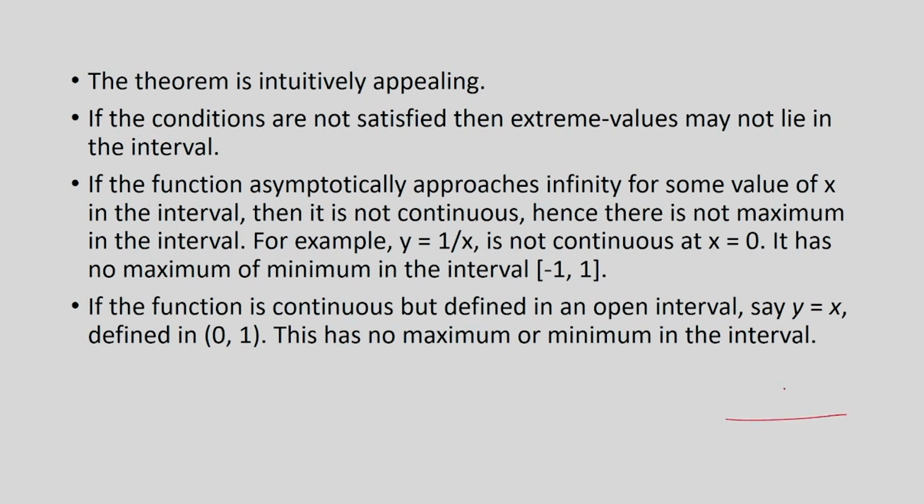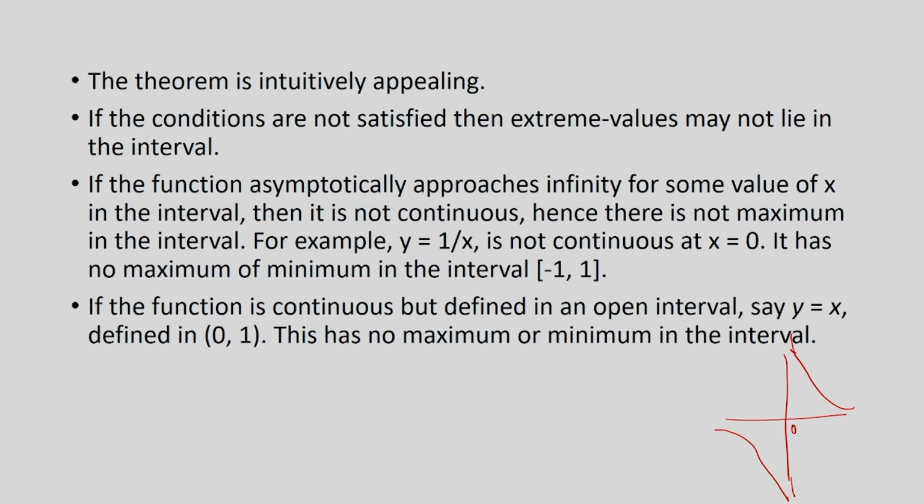So, this is how it looks like. So, the function will be something like this. So, it is discontinuous at 0, and therefore, I cannot say that it has any maximum or minimum. In fact, it does not have in this particular case, it has no maximum or minimum, because these lines are going asymptotically to infinity and minus infinity.